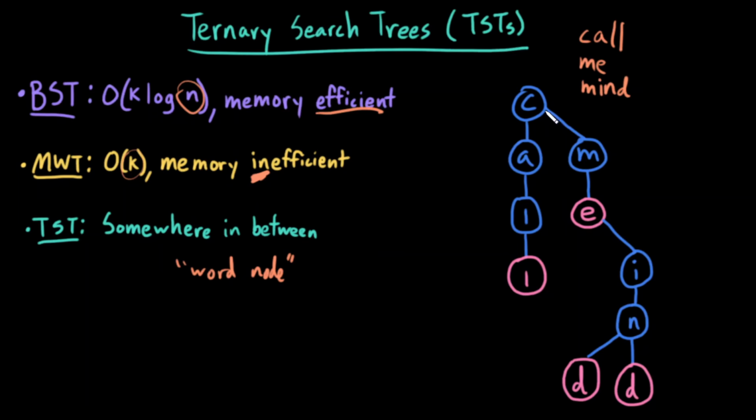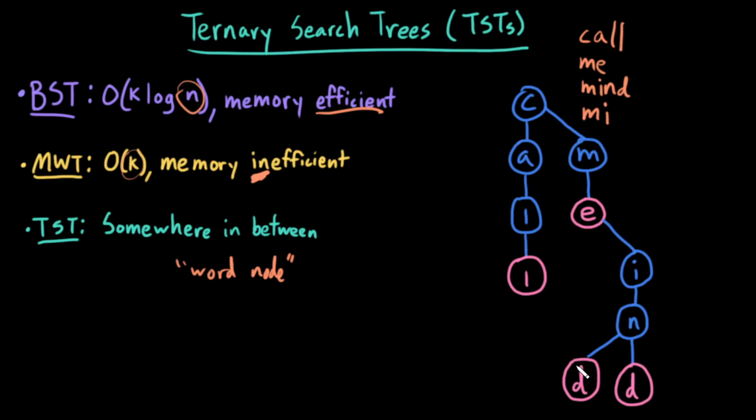Okay, last one, because I have 4 word nodes, which means I must have 4 words. So I start at the root, I go to the right, which means I don't use C. I go down, which means I use M. Now I'm at E. I go to the right, which means I don't use E. I'm at I. I'll go down, so I use I. I'm at N. Last time I went down this way, let's try going left.